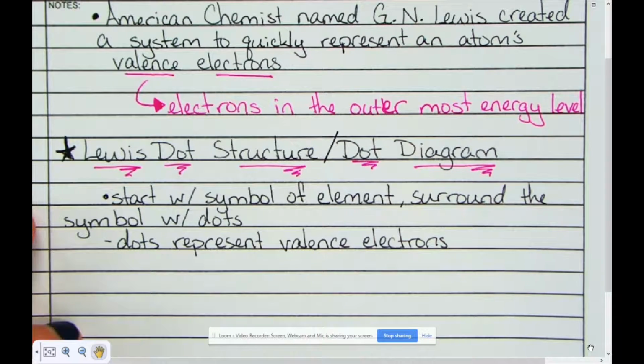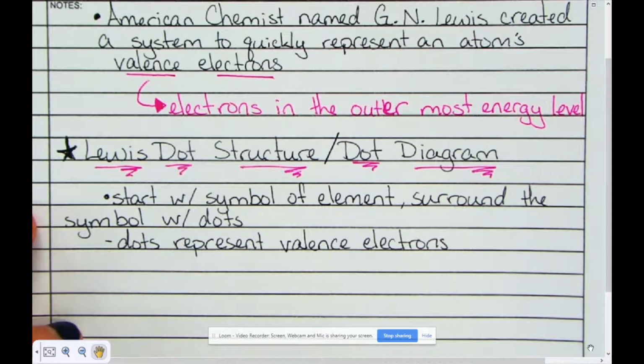So the thing that people always struggle with when they're drawing Lewis dot structures is they usually do a good job finding the symbol. They usually do a good job finding the valence electrons. But then when they go to put it together, they make the same mistake.